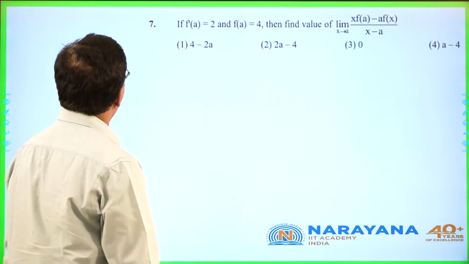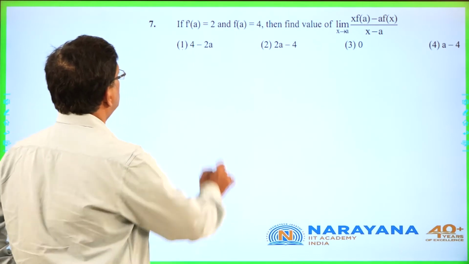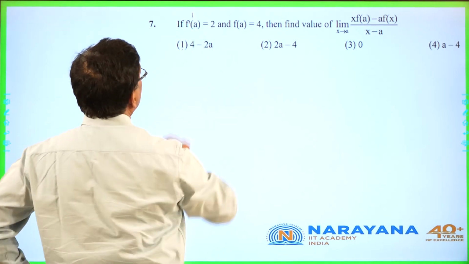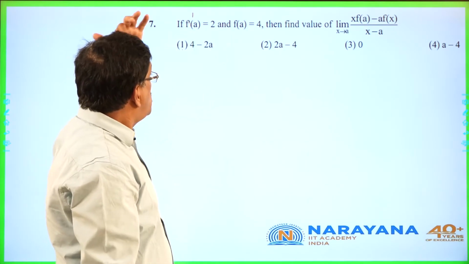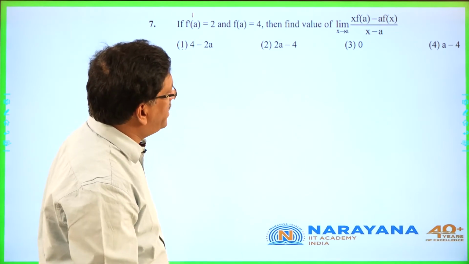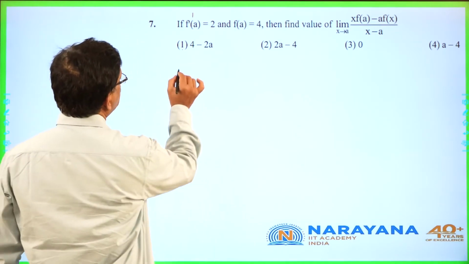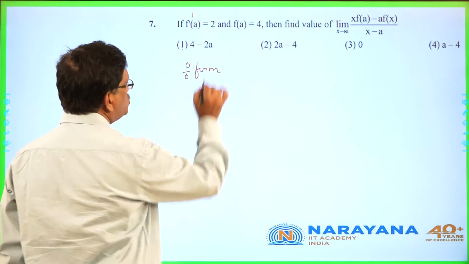Question number 7. Sorry, this is F dash. F dash A equal to 2 because here it is like that only, and F of A equals 4. Fine. If you apply the limit, it is clearly a 0 by 0 form.